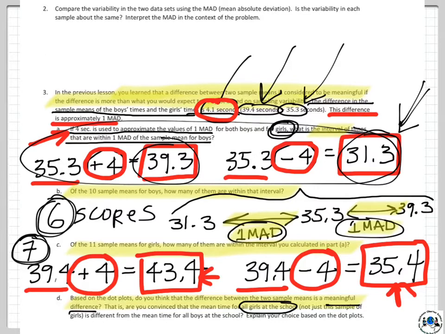This is a huge inference, a huge leap to make, especially when considering that there are only 10 in each of these samples.